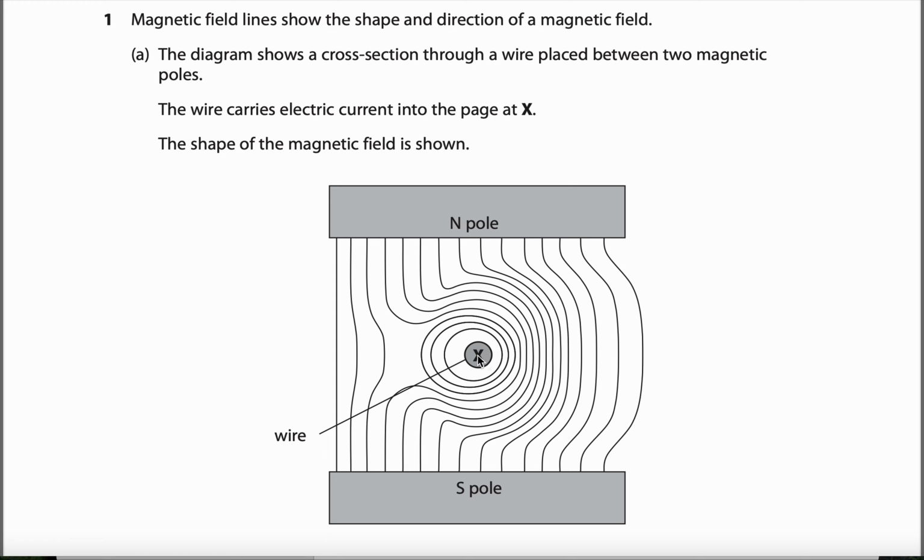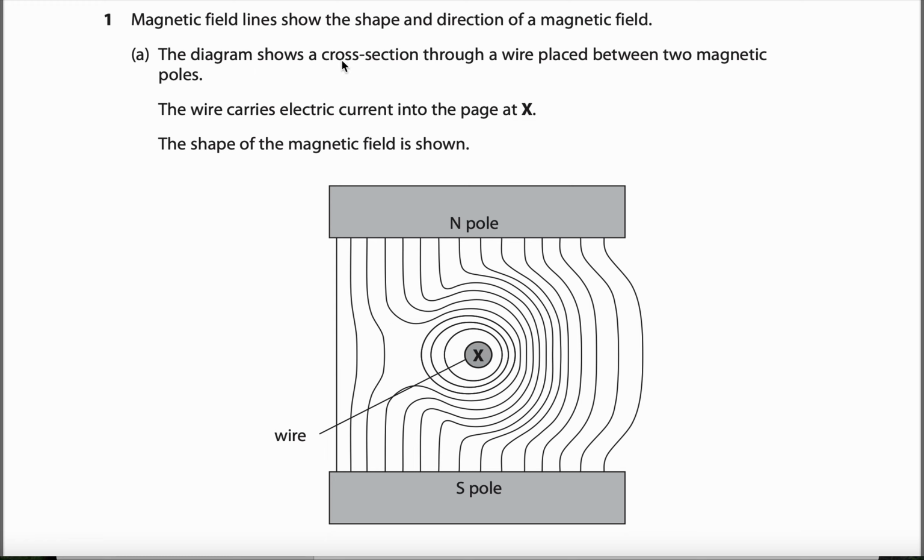Now the same force will be felt by the magnets, but the magnets are stuck in place on a yoke, which is connected to a C-shaped core, whereas the current carrying wire is free to move. So it's going to move this way, and that's Fleming's left-hand rule in action.